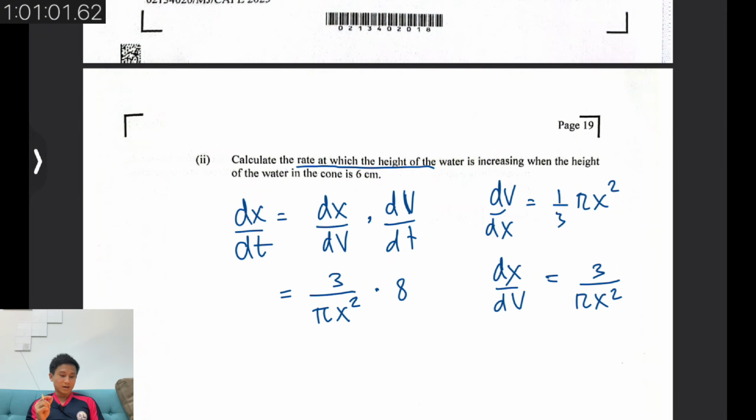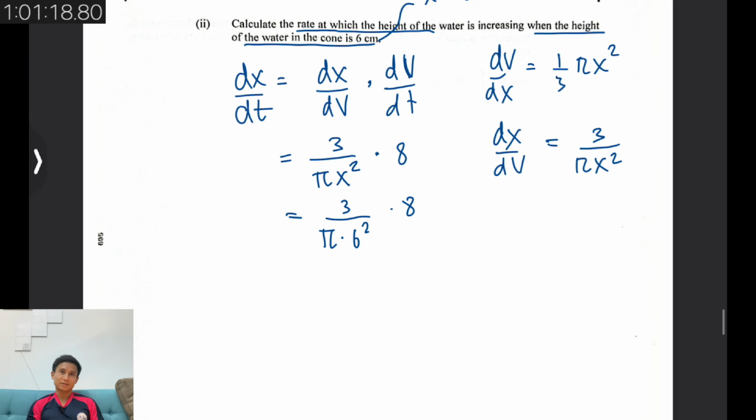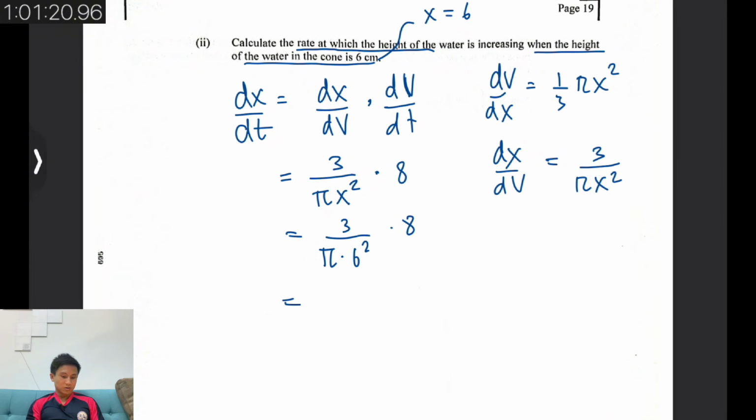Now the problem here is that we need to know x, and it gives you already that the height of the water in the cone is 6. So that is saying x equals 6, right? So we're just going to substitute 3 over pi times 6 squared times 8 here. Yeah, we're home free. So that's going to be 24 over 36 pi.